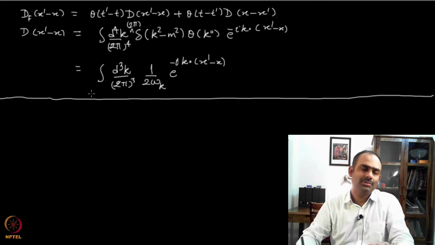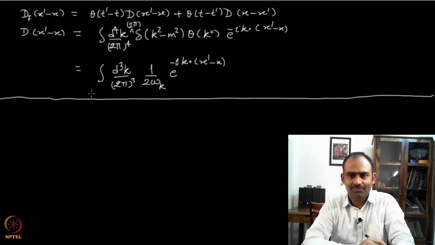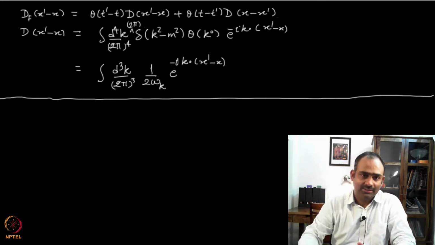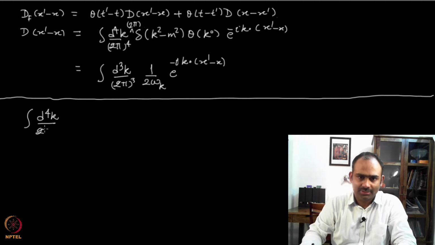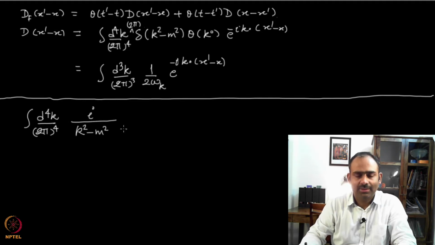Now, I want to look at some integral, just for fun. The integral which I want to look at is the following. I look at the integral d^4k over (2 pi)^4, i over k square minus m square, e to the minus i k dot (x prime minus x).